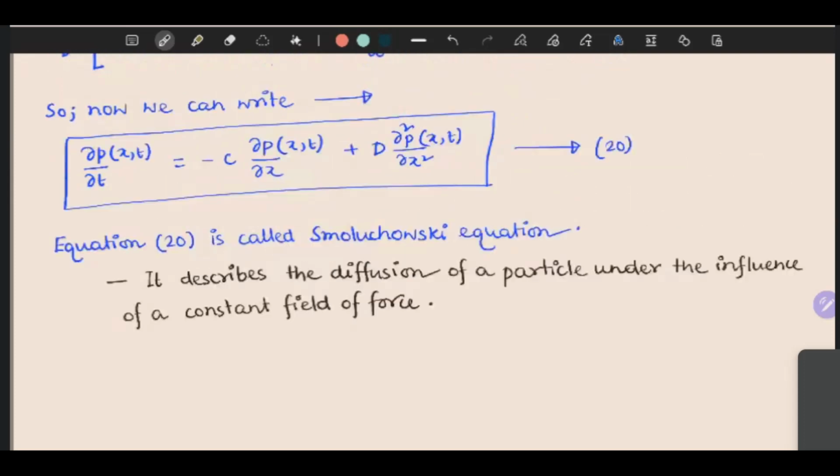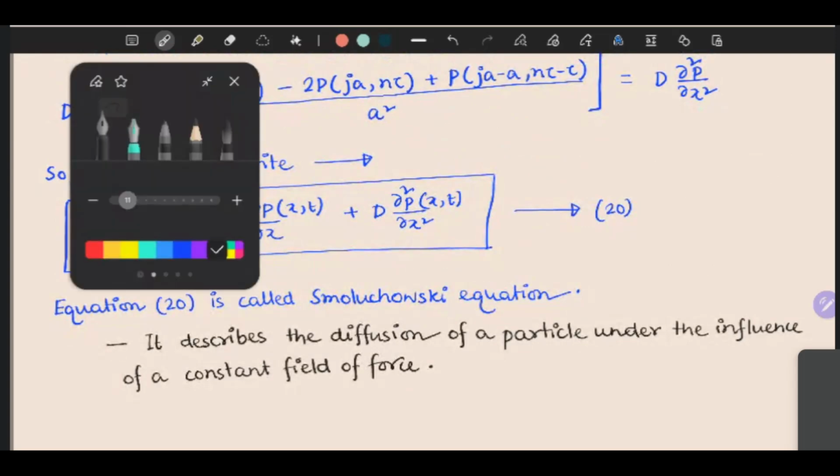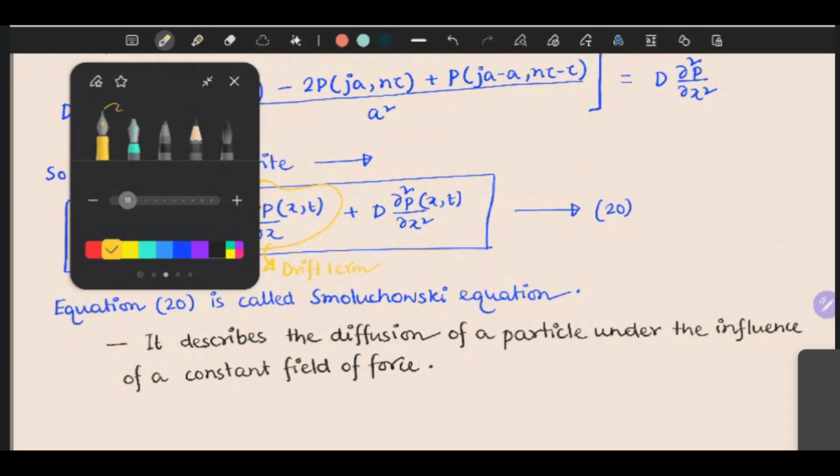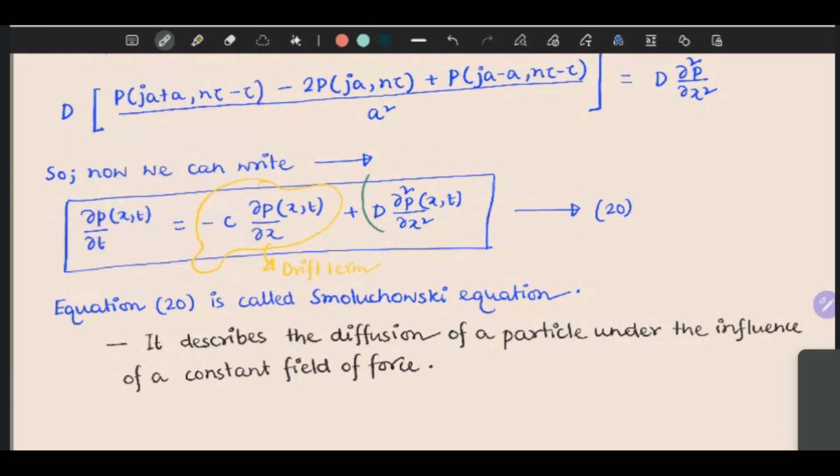So now let's discuss this term. The first term on the right hand side is called the drift term, and this other term is called the diffusion term.